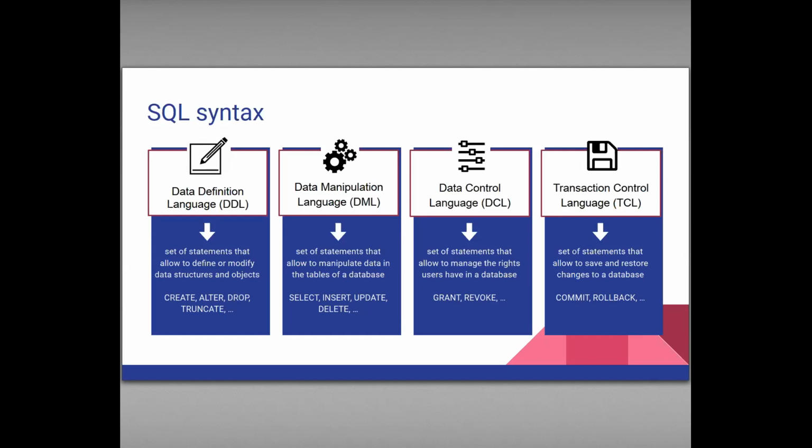With alter, you can change existing objects. So, for example, you can add or rename a column in a table. With drop, you can drop the whole table from the database. And with truncate, you don't delete the whole table, but you keep the table as a whole and delete all the content of it.